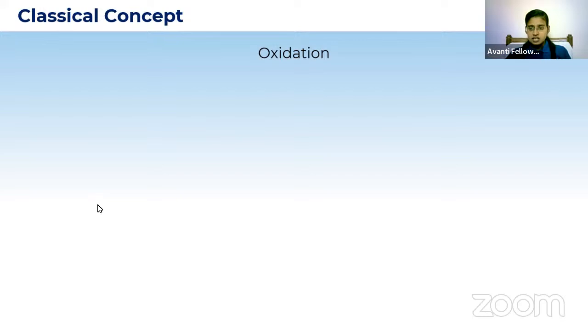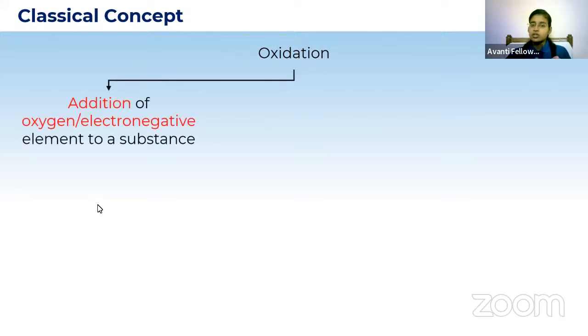First of all, oxidation means addition of oxygen or addition of electronegative element to a substance. Here itself, two definitions are given. One is addition of oxygen and the second is addition of electronegative element to a substance.